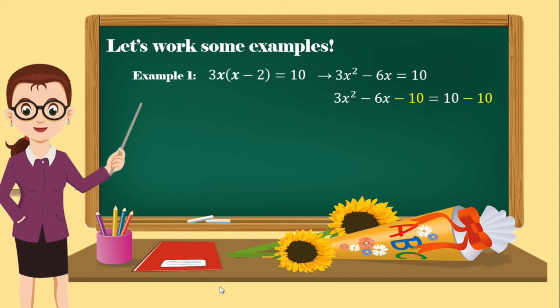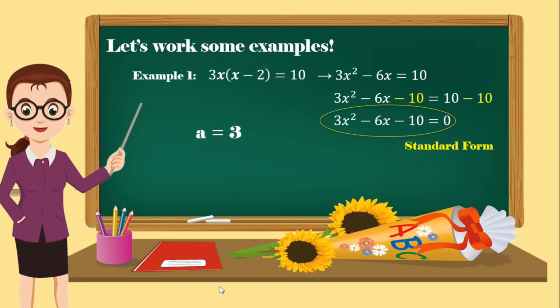So we have 3x squared minus 6x minus 10 equals 0, and this is our standard form. In this equation, our a is 3, our b is -6, and our c is -10.